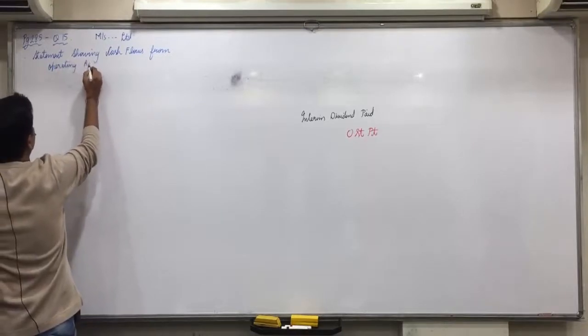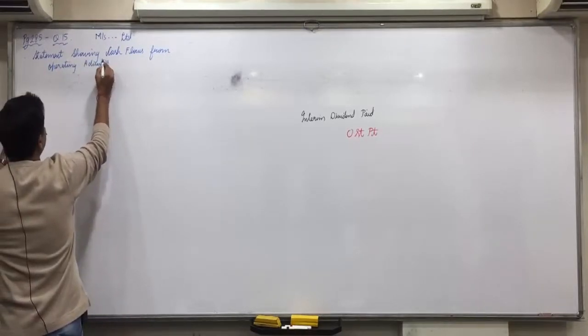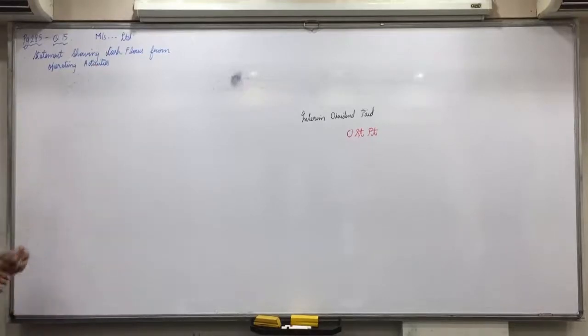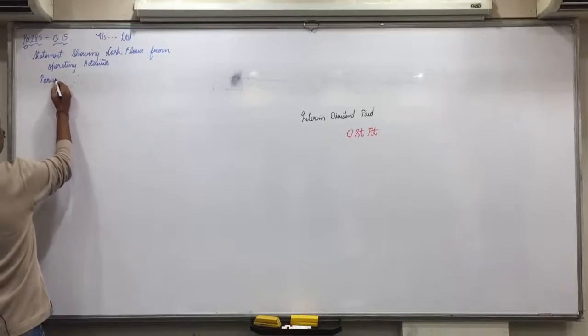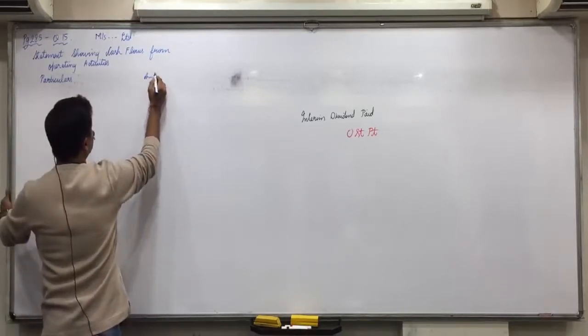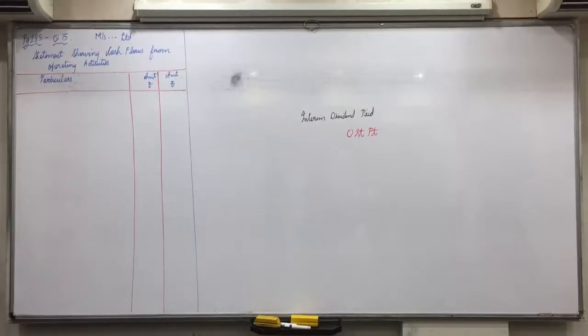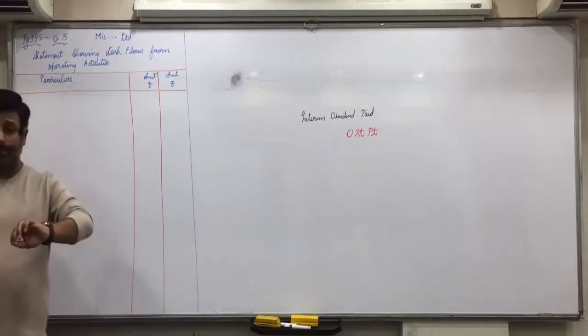Year is not given. So simply statement showing cash flows from operating activities. Particulars and 2 columns of amount. Complete it fast. 30 seconds for the format, then I'll start solving.